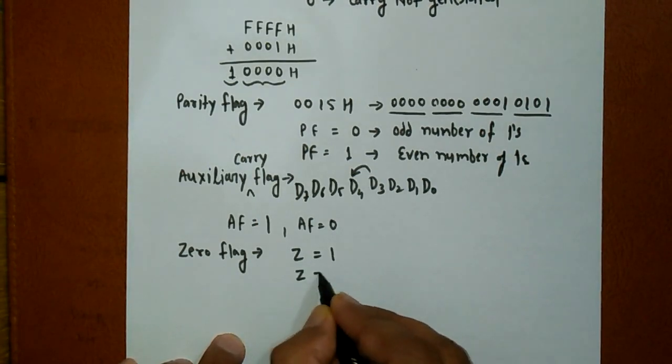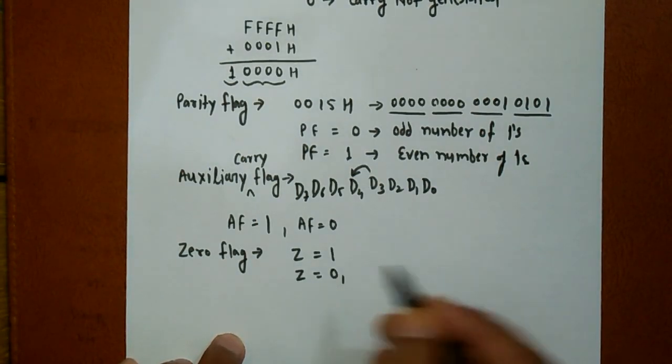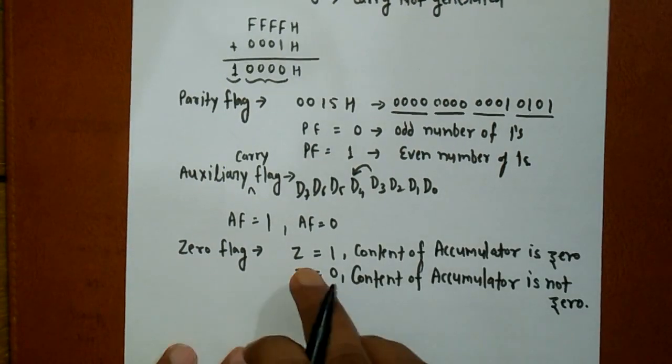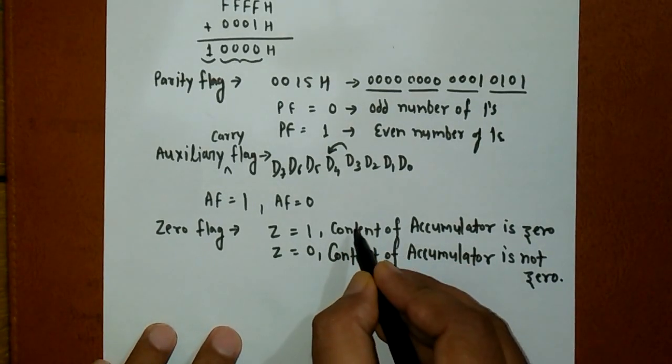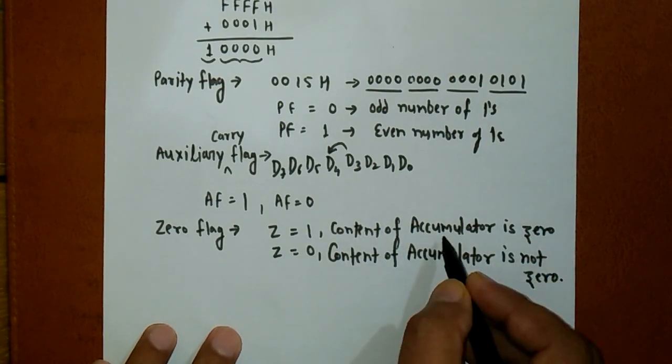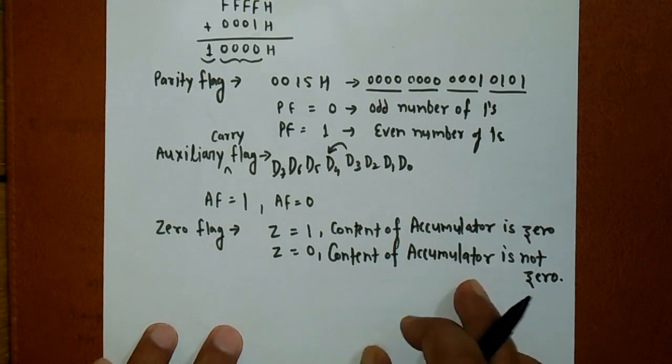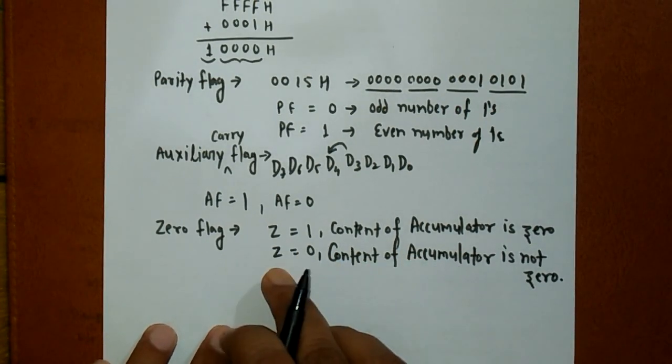And if it is 0, then it means that the content of the accumulator is not 0. So we can write it like that: if there is a 0 in the accumulator, that condition will be reflected by Z equal to 1. And if the content of the accumulator is not 0, then this condition will be reflected as Z equal to 0.